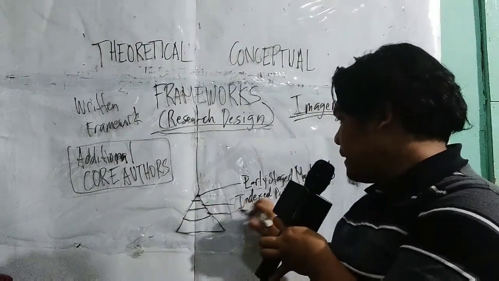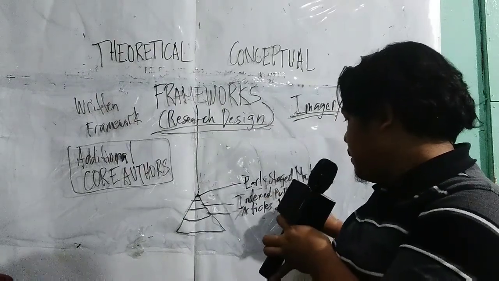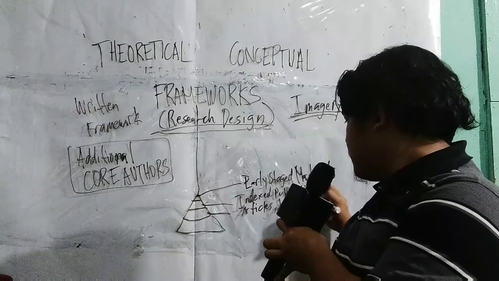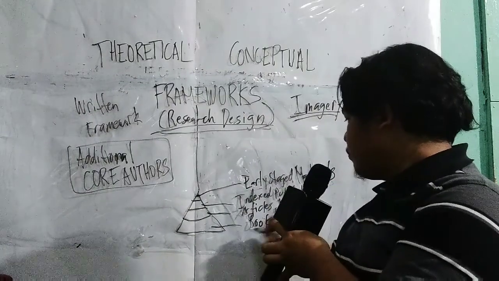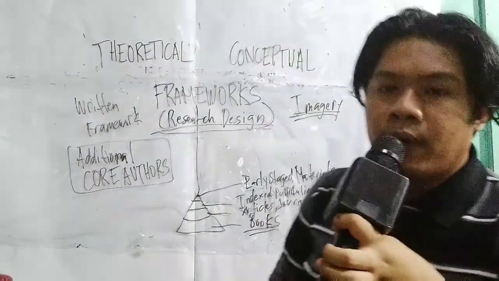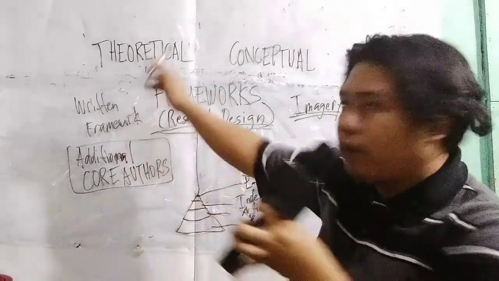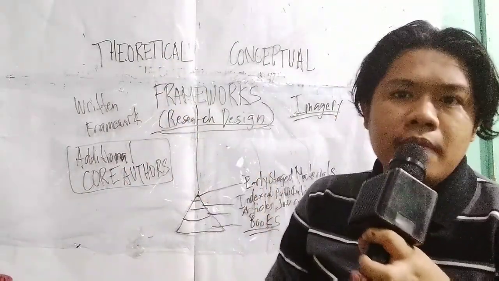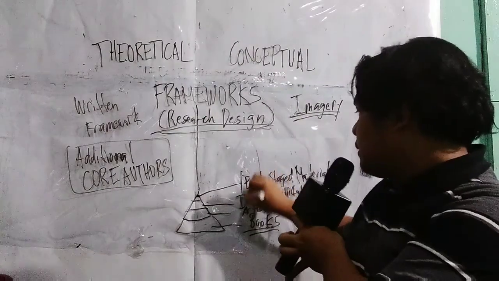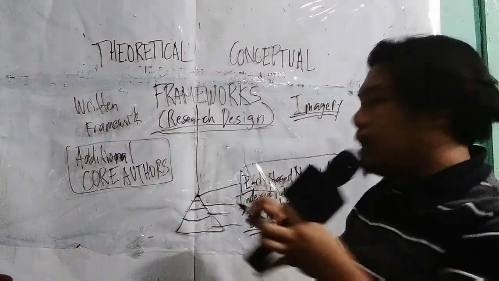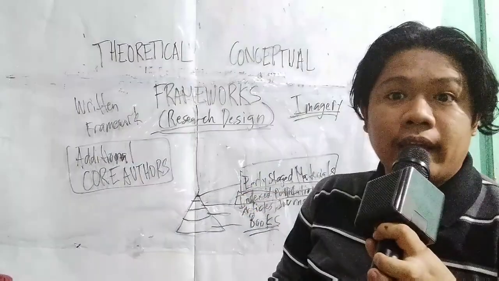Third one, of course, is the articles and journals. And lastly, the books. So, ultimately, in terms of developing the core authors for the theoretical framework, we only make use of two major references, which is the early stage material and, of course, the indexed publication.